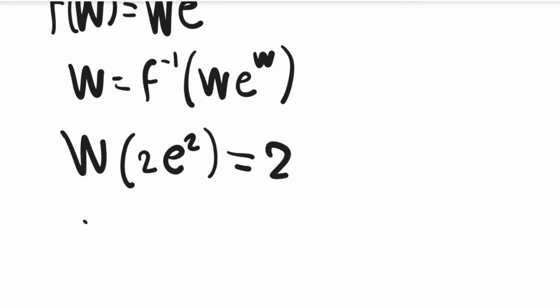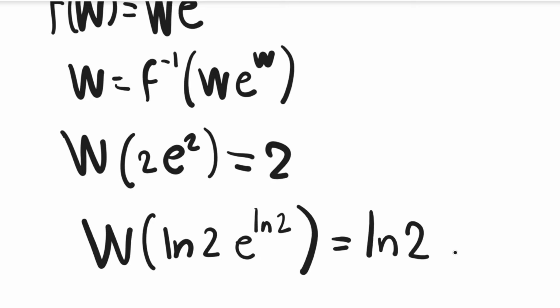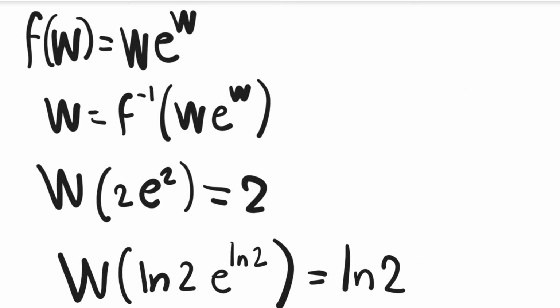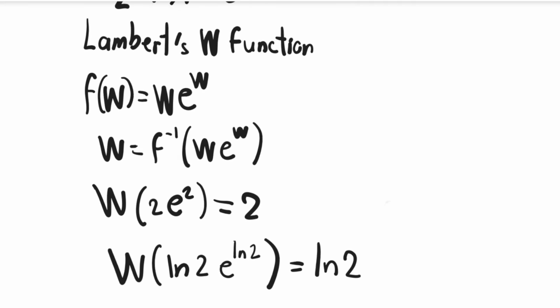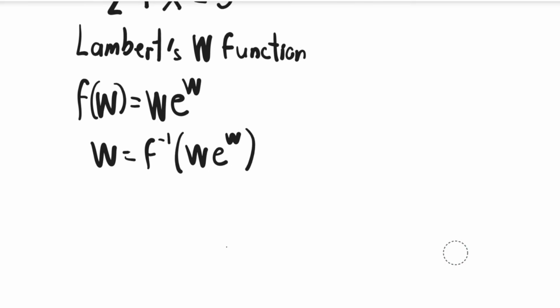Omega of, let's say, natural logarithm of 2 times e to natural logarithm of 2 is equal to natural logarithm of 2. And now, what can we do with this information in order to solve the original equation that we were talking about?